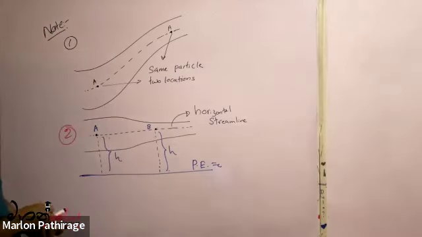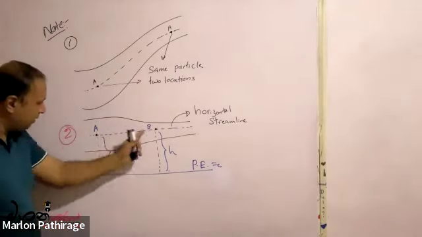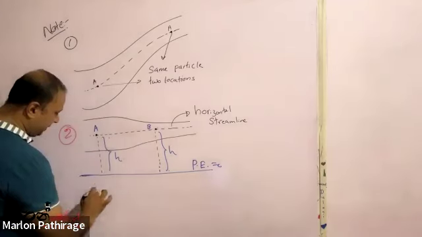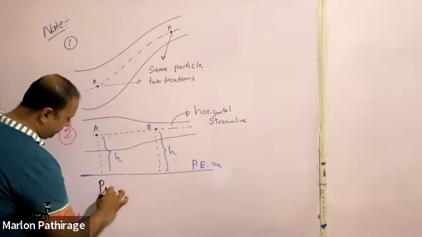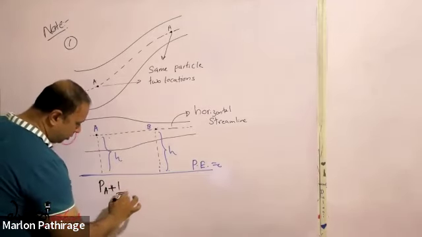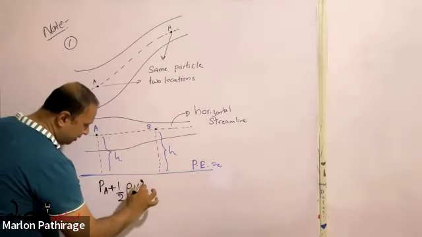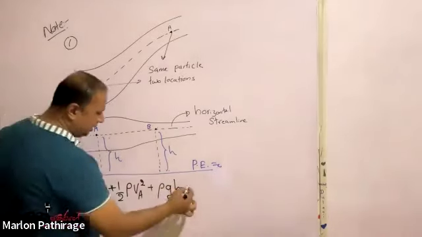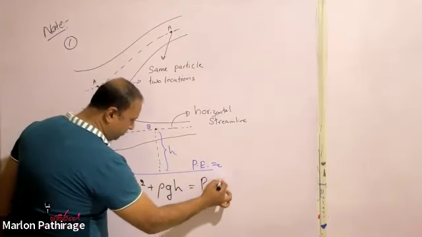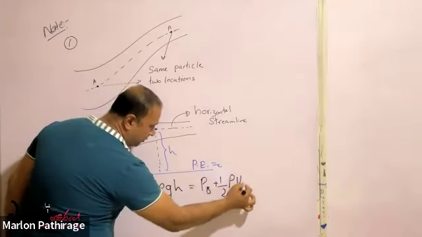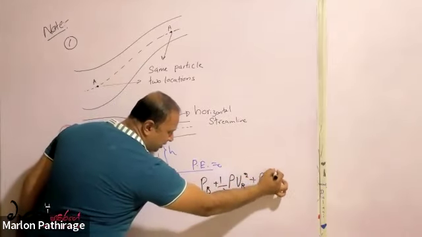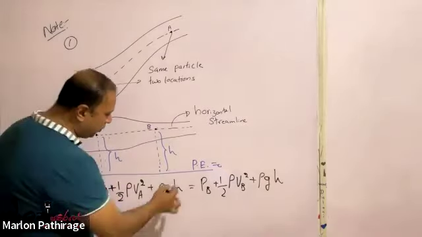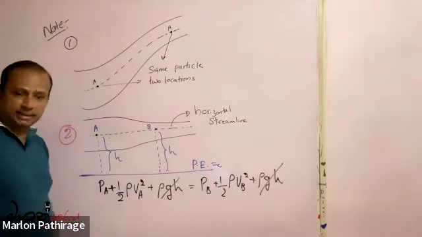So then I can write Bernoulli's equation. If I apply it in these two locations, I can write PA plus half rho VA squared plus rho g h equals PB plus half rho VB squared plus rho g h. Then you can clearly see rho g h and rho g h will be cancelled out.